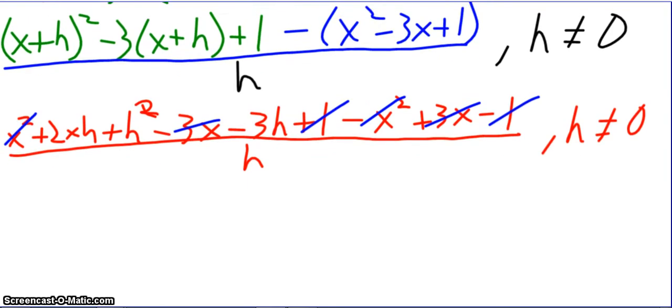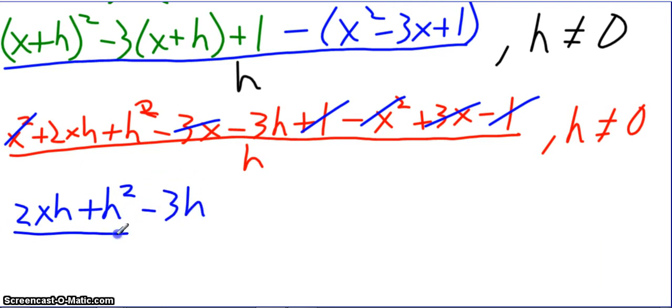And we're left with 2xh plus h squared minus 3h all over h. H still does not equal 0.